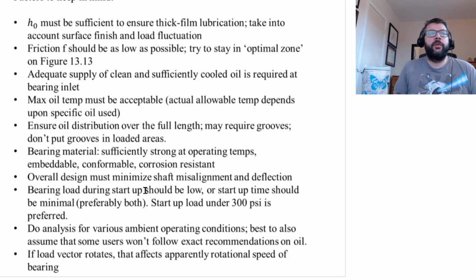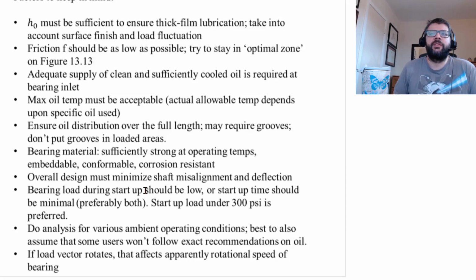Whereas if you start from a dead stop and get up to speed really fast, then you're minimizing the amount of metal on metal contact, because the wedge forms fast. But generally speaking, if you can arrange it to have your startup load a lot smaller, then that may be ideal.